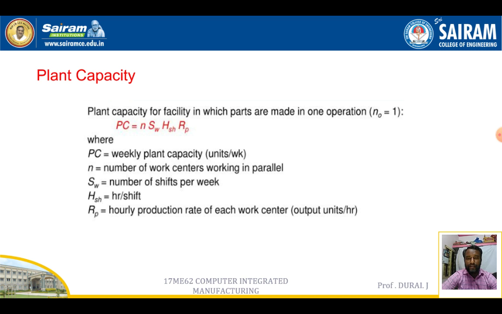We can vary Sw and Hsh, so that the production rate can also vary. Here N is the number of work centers, Sw is the number of shifts per week, Hsh is hours per shift, and Rp is the production rate.